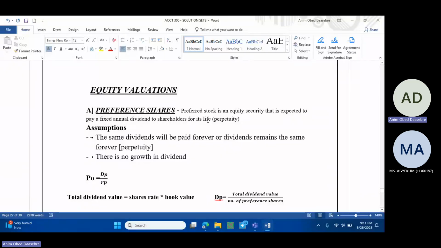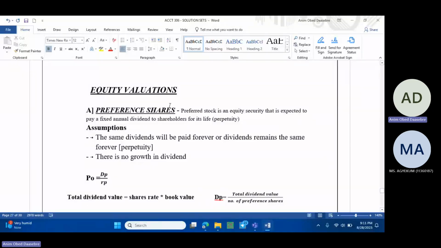So based on the life of that share, we are going to pay shareholders a fixed dividend over the life of the share. Shareholders are going to receive constant dividends annually.